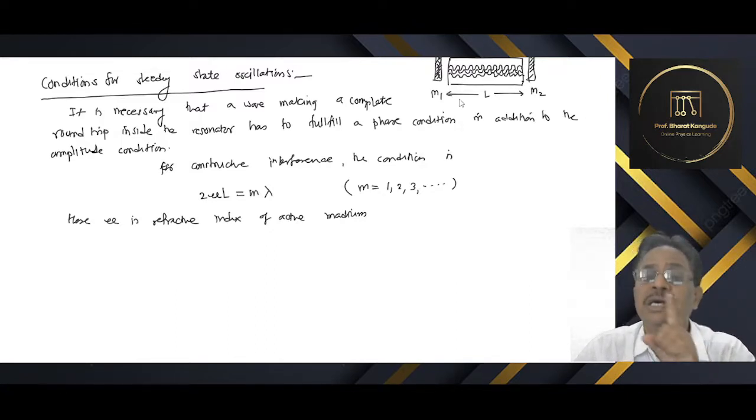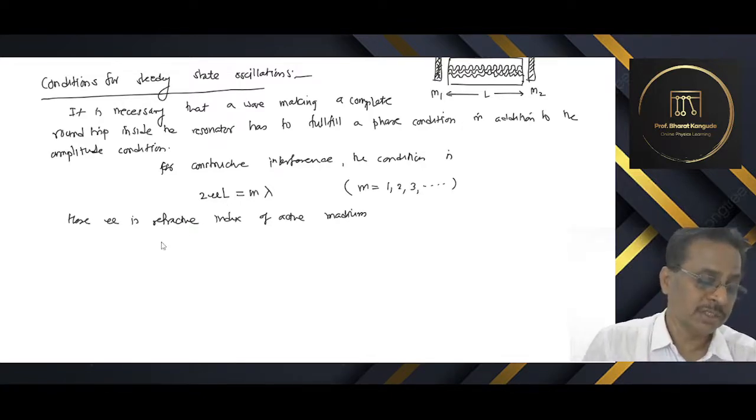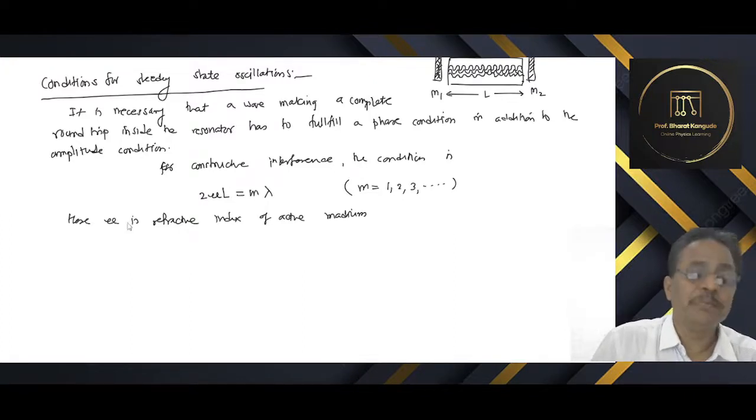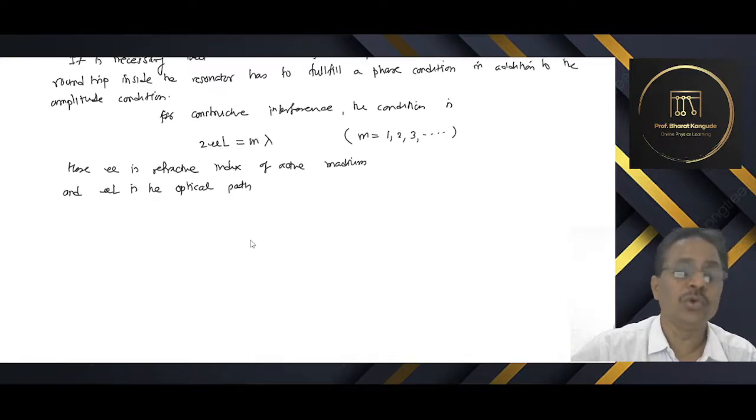But in this active medium, the optical path is given by the product mu into L. So these two words, active medium and optical path, must be known to you.